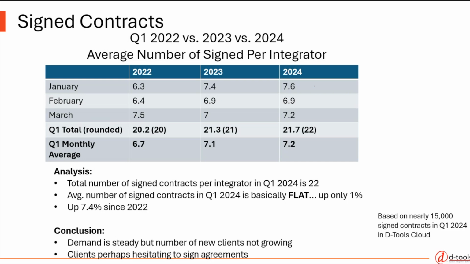For the first quarter, it was 22 signed contracts on average, up 1. So in essence, flat. We're talking a flat market in terms of the number of contracts that they signed for Q1. From 20 in 2022, 21 in 2023, and 22 in 2024. A lot of 20s in that conversation there.